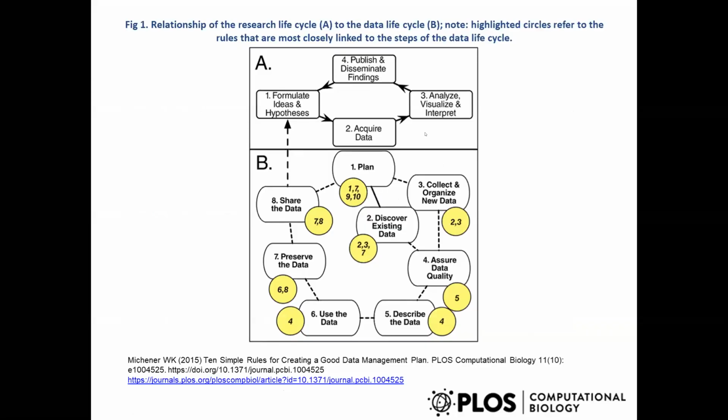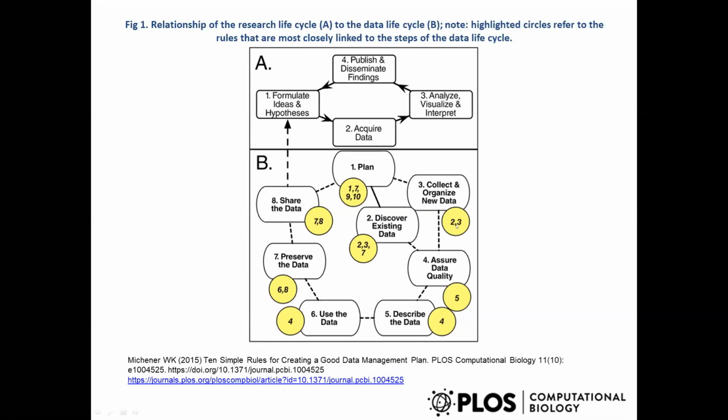So when I plan my research, I need to know rule number 1, 7, 9, and 10. And then in planning, either you collect new data and organize it, or you reanalyze existing data. And then after that, with new data and even existing data, you need rule number 2 and 3.